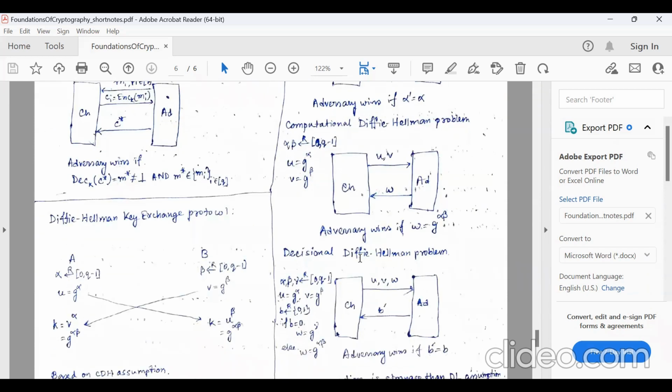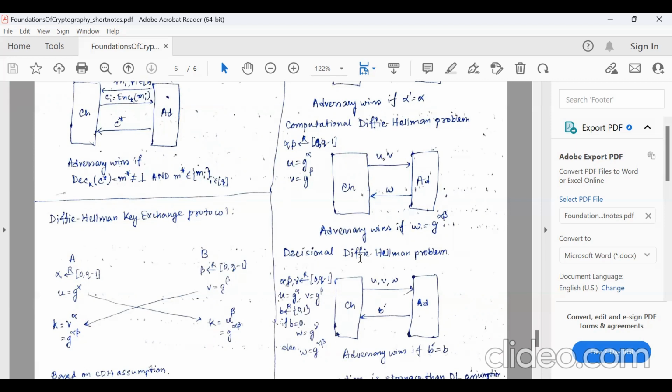Another problem is the DDH or decisional Diffie-Hellman problem. Here, the challenger sends a triplet to the adversary. The triplet is of the form U, V, and W, where U is of the form g to the power alpha, and V is of the form g to the power beta. Of course, alpha and beta belong to 0 to q minus 1. And W can be either of the form g to the power alpha beta or of the form g to the power gamma, where gamma is some random element of 0 to q minus 1.